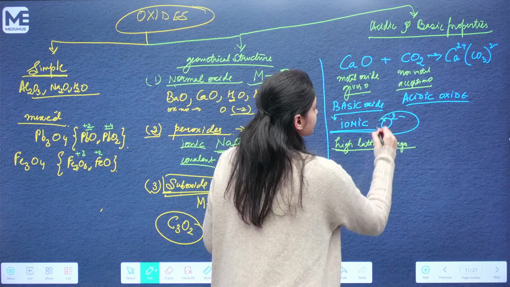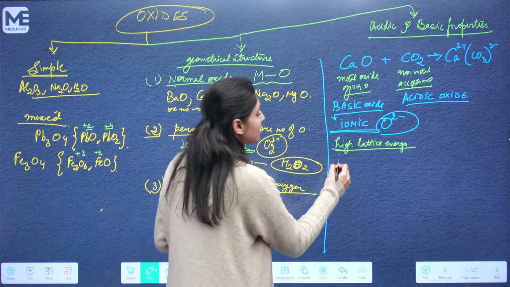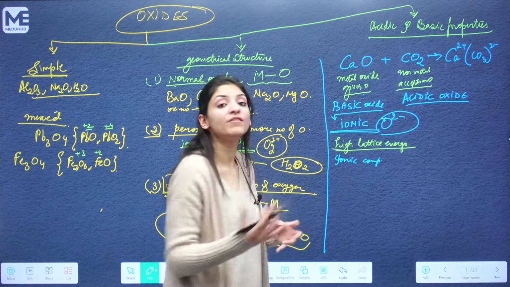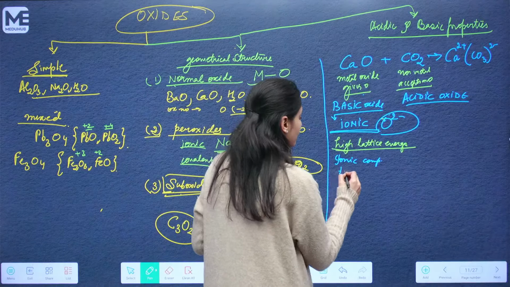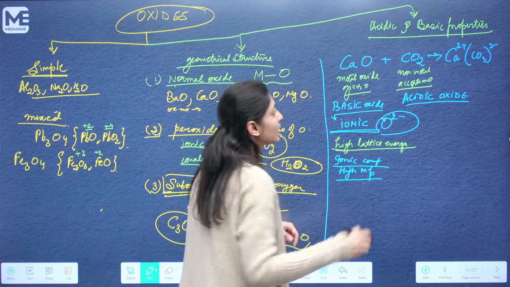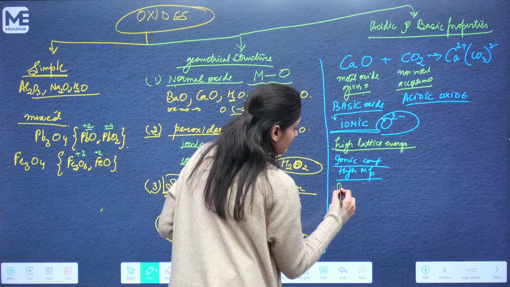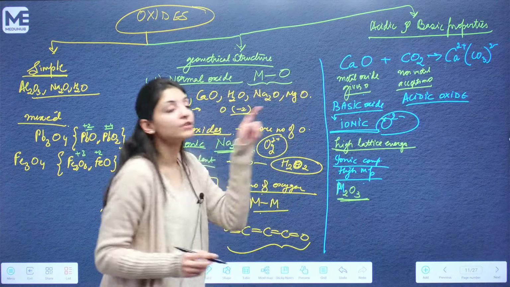Hence all ionic compounds of metals with oxygen, since they have a very high lattice energy, have a high melting point also. Now some metal oxides like M2O3 types do not dissolve in water.